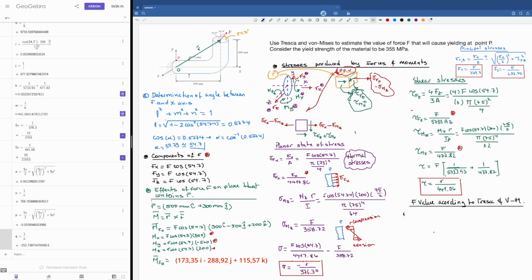So in Tresca, what it says is that the maximum shear stress, which is this one, usually they put like the absolute value, has to be smaller than this one here. I know the yield strength of the material. I know this one, so I can calculate how much is that sigma 1.